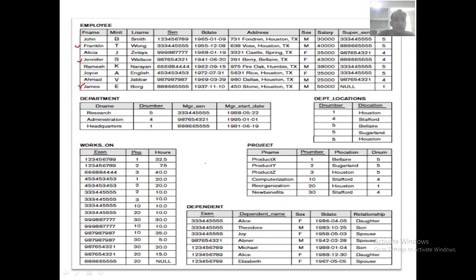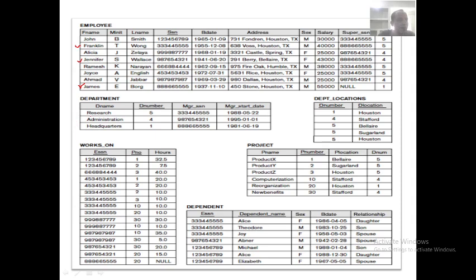Similarly, if I come to this, how many employees are there here? 1, 2, 3, 4, 5, 6, 7, 8. There are 8 employees working in the company. Got it? How many departments are there? 1, 2, 3.